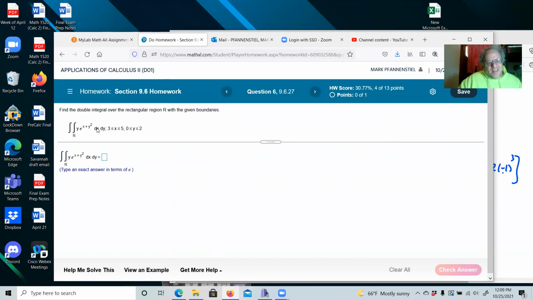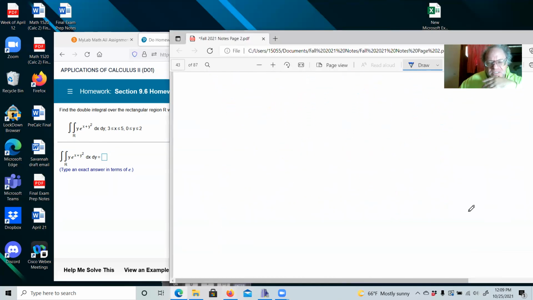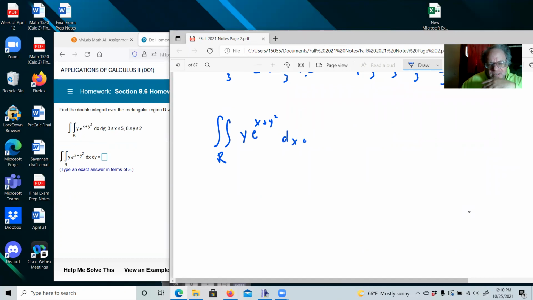Okay, let's see here. We have this guy here. Again, 3 to 5, 0 to 2. We have a region R. So they could even tell us, the integral over R of y e to the x plus y squared, dx dy.